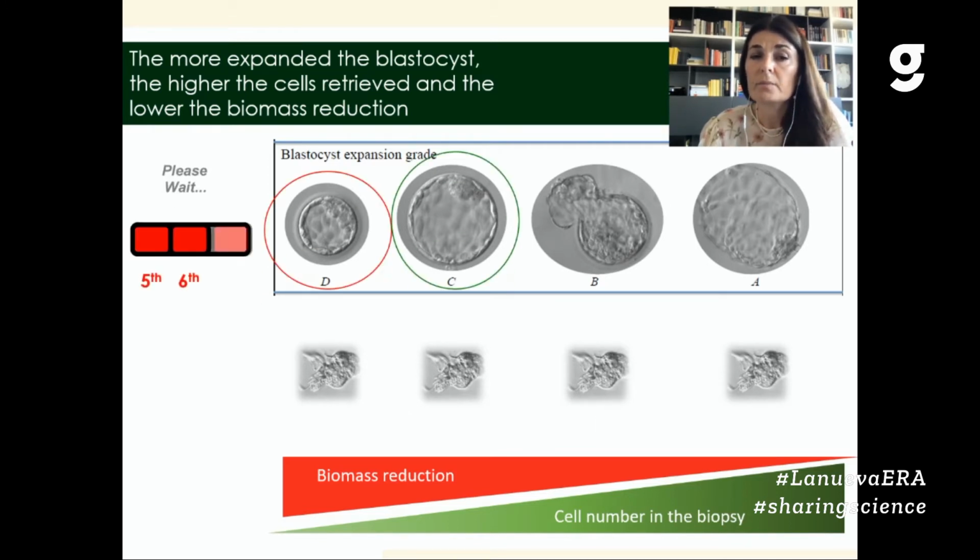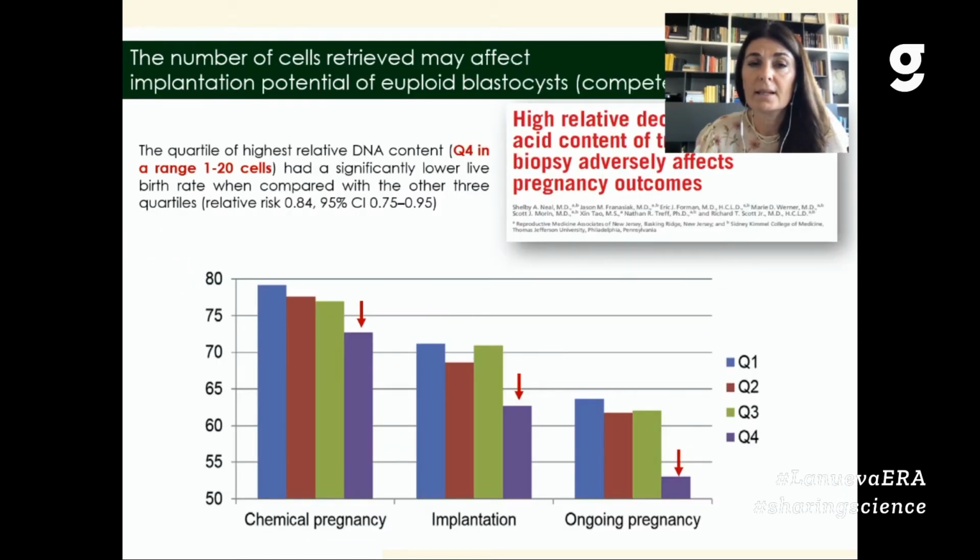And the number of cells that need to be removed should not exceed 5 to 10 cells. Because when you go over, you risk adversely impacting the pregnancy outcome.